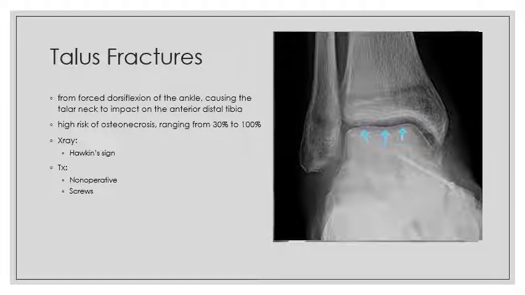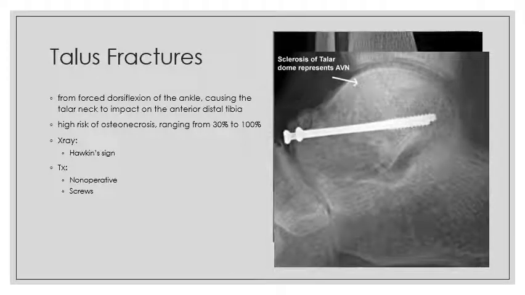So this is actually a good sign, and you look for this after you do your operations. As you can see in this case, there's already sclerosis of the talar dome. There's no Hawkins sign. That's why they probably opted to do a screw fixation of the talus to prevent osteonecrosis.